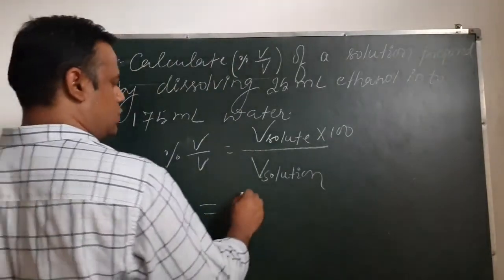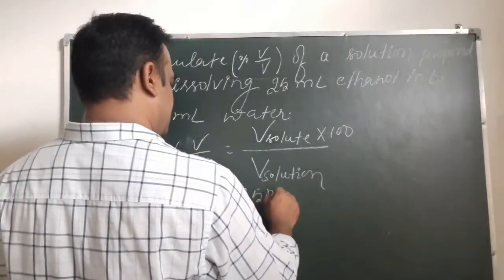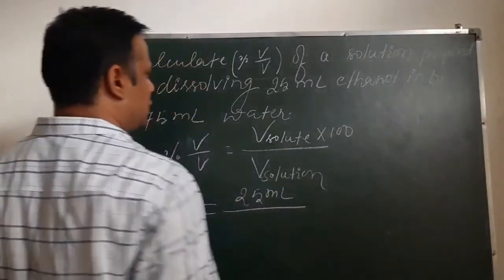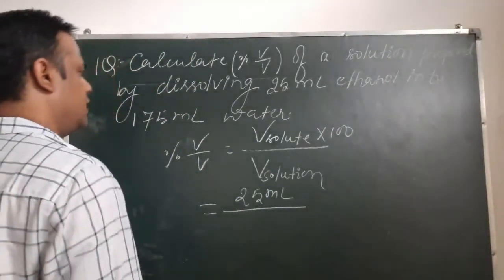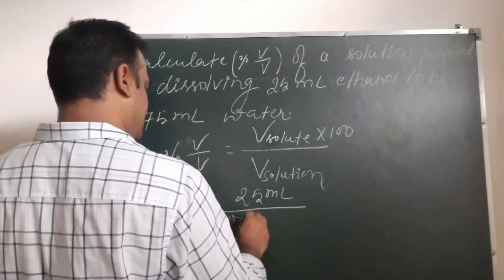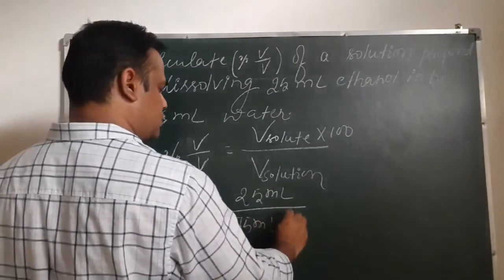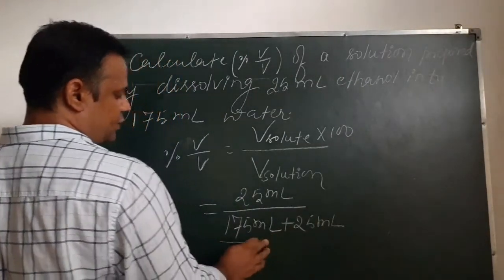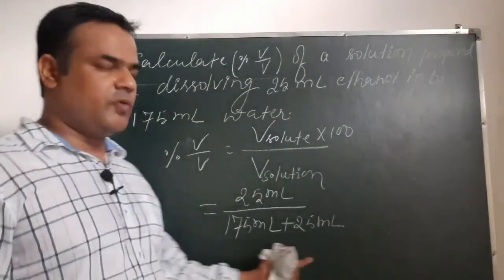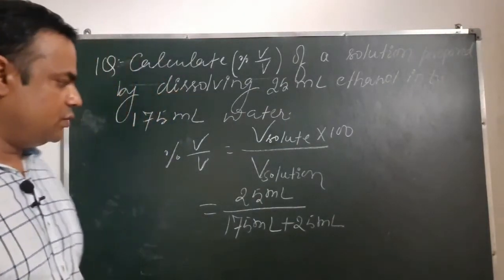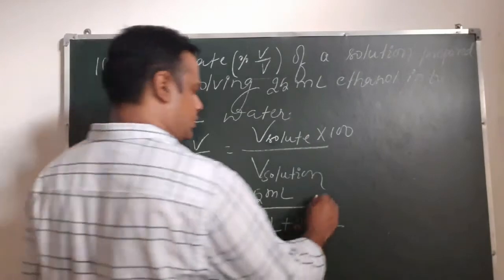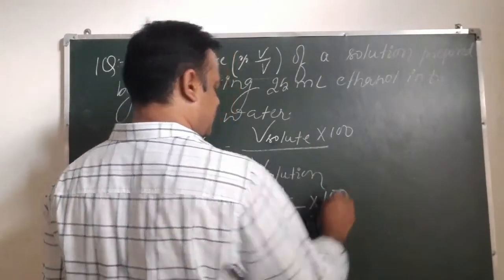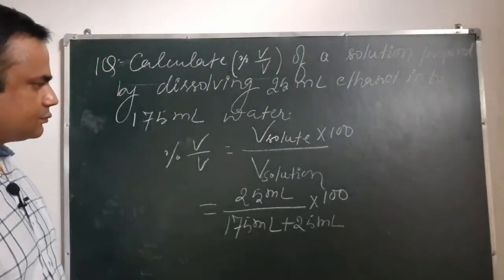This will be equal to 25 ml divided by volume of solution, which is 175 ml plus 25 ml. 175 ml is volume of solvent and 25 ml is volume of solute. So total will become 200, multiplied by 100.